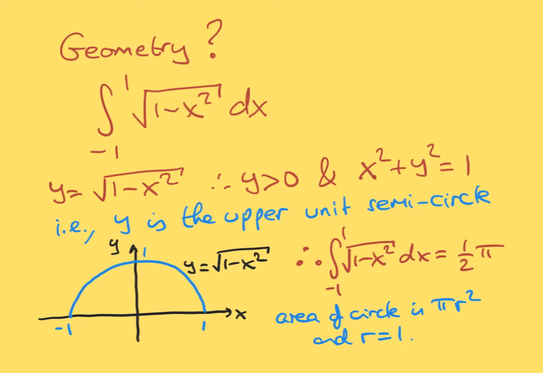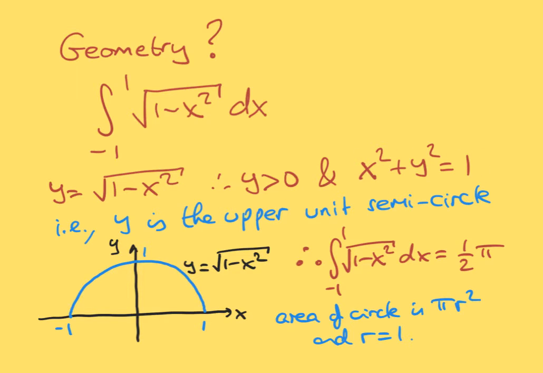So therefore, y is positive because the square root is positive by convention. And if you square both sides, you will get y squared is 1 minus x squared, which rapidly turns into x squared plus y squared is 1. And this is the equation of the unit circle centered at the origin.